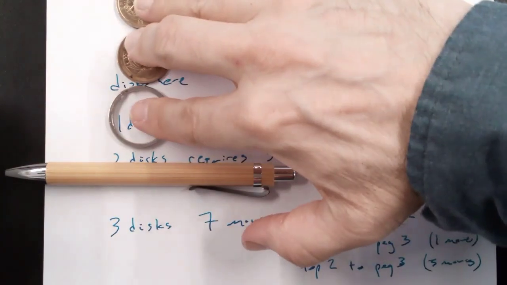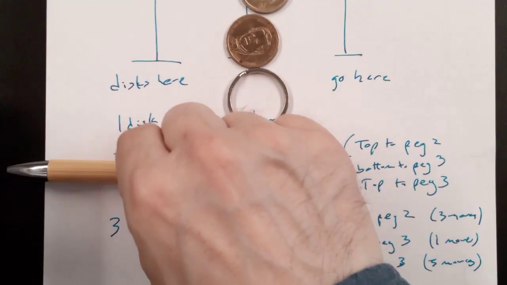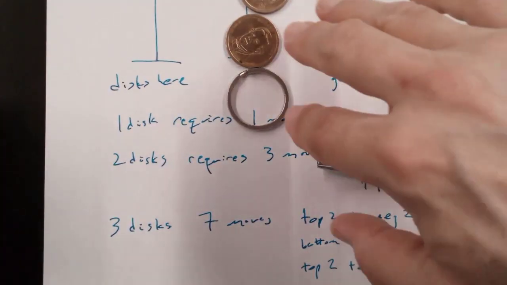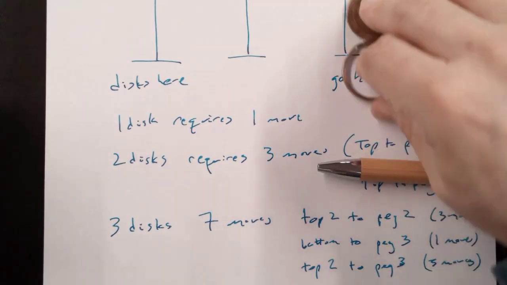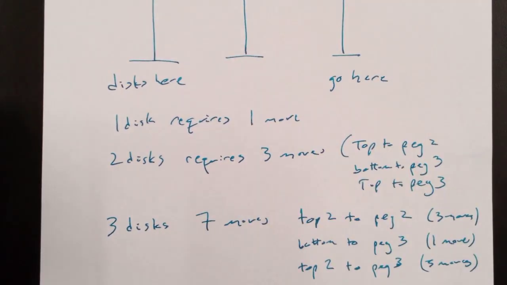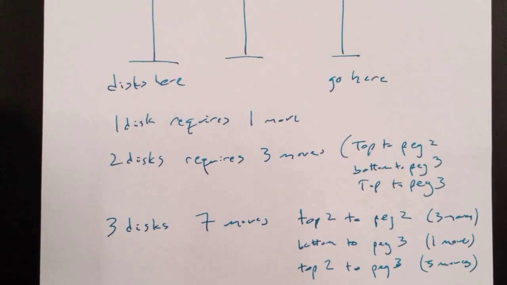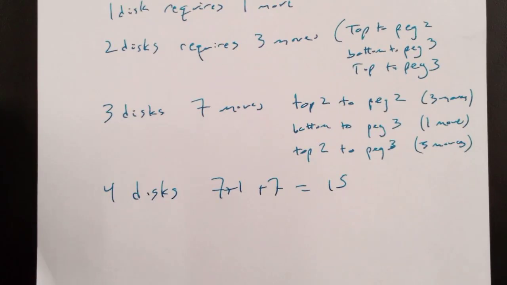I'd have to move all 3 of these off of it, then move that disc, and then move all 3 of these back onto it, right? 7 and 1 and 7. Huh.